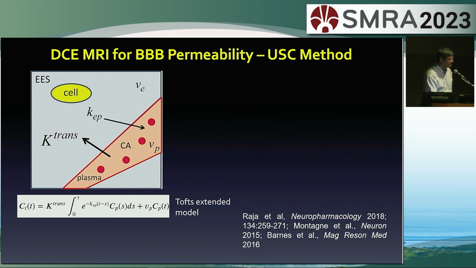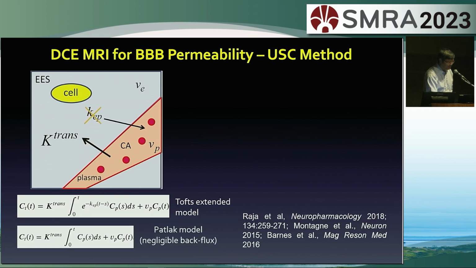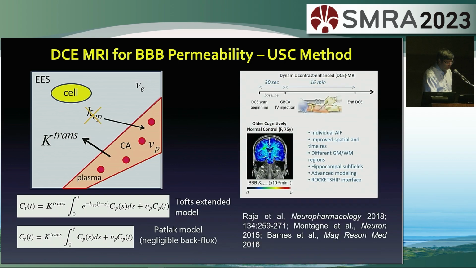Another way to use BBB permeability imaging to detect subtle change in BBB permeability is dynamic contrast enhanced, DCE-MRI. The full model was characterized with T1 weighting. The previous one was T2 star weighted. With the Tofts extended model we usually ignore the backflux, and then the simplified Patlak is quite commonly used.